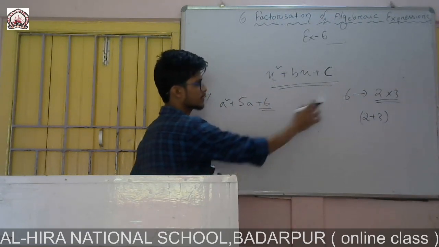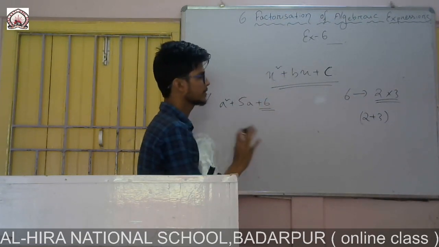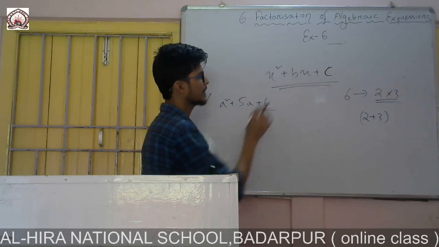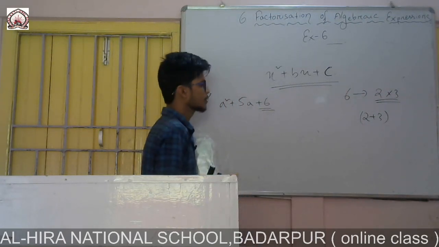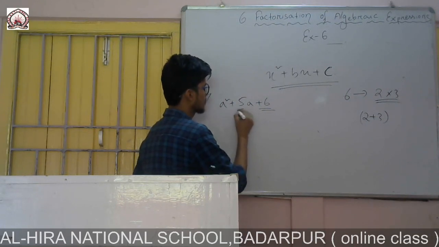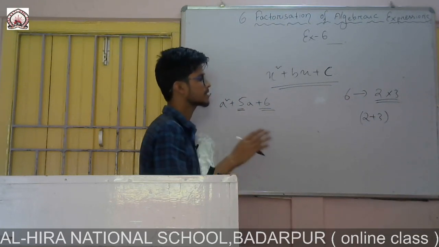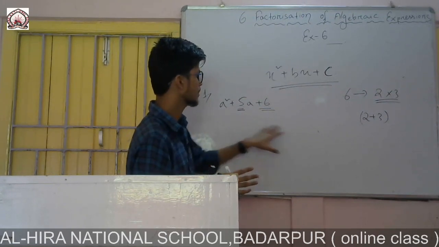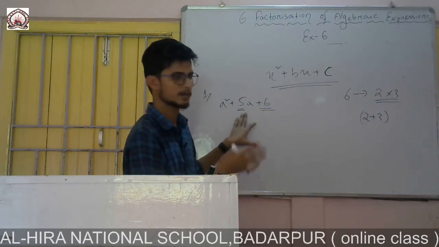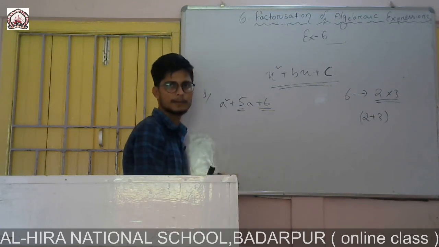Here it is plus 6, so I will write it, and then you simply find out the factors of this plus 6. It is 2 into 3. So now you arrange this one so that, whether you are to do addition or subtraction, the answer comes which should be equal to this middle term.